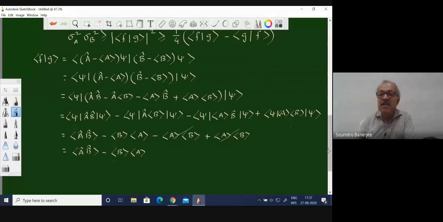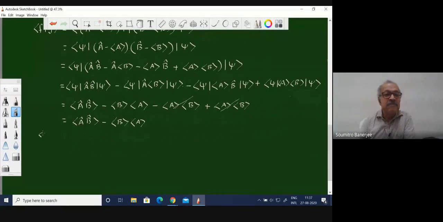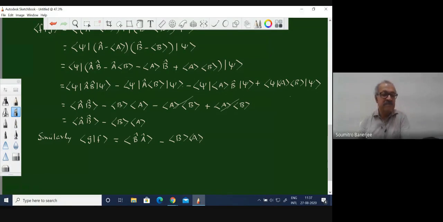We can see that similarly gf can be written similarly. We can write gf as, now I have to be careful, gf is ba minus, it doesn't matter in which order we write it because these are two numbers, so I will write it in the same way.